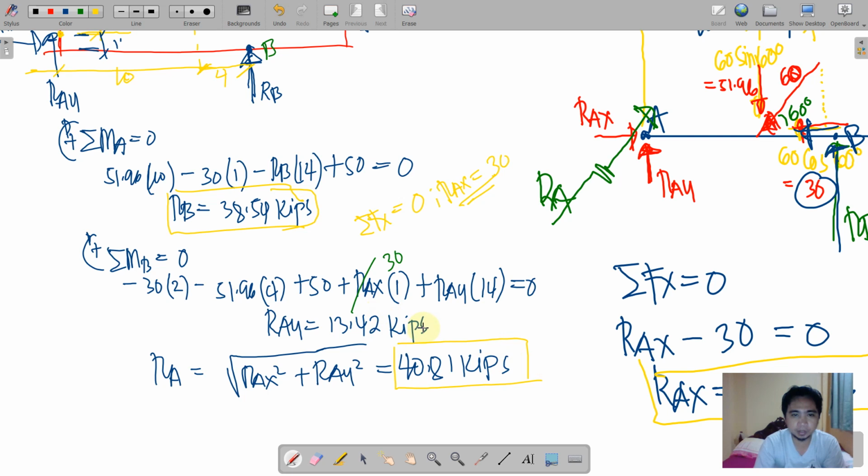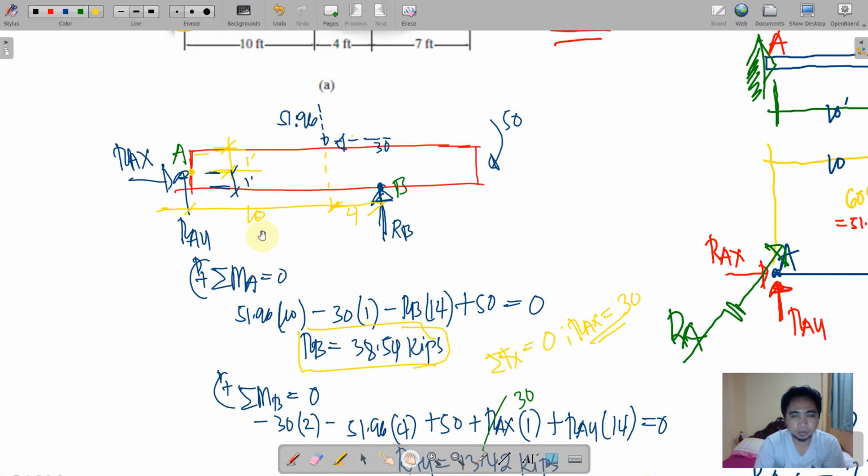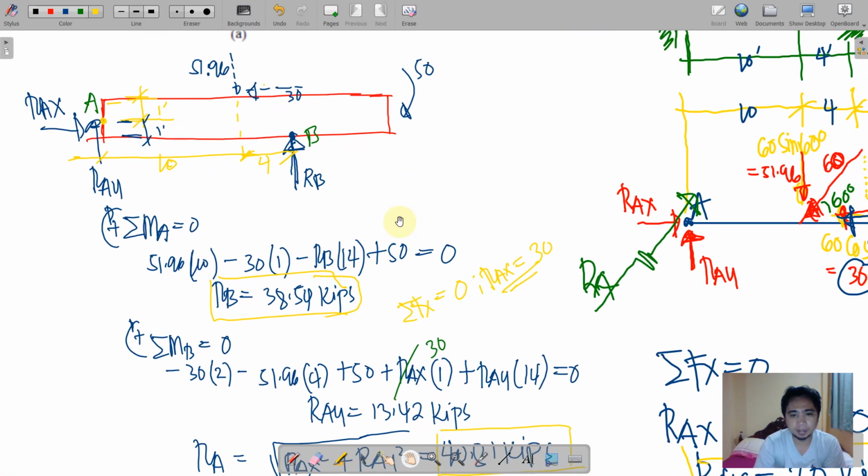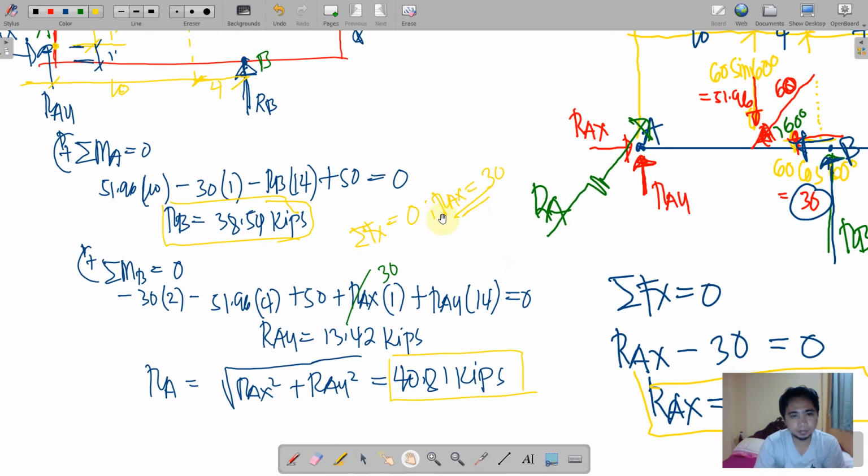If we are going to consider an idealized structure, kinonsider pa naman yung thickness ng beam dito. That is why 30 here will not coincide to the point where you have taken your moment. Okay, so that's it for this problem. So it's so easy.